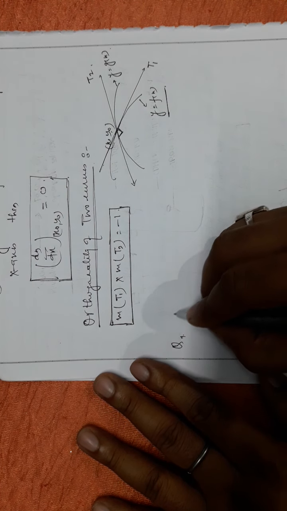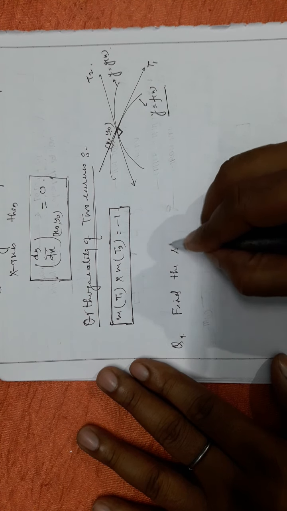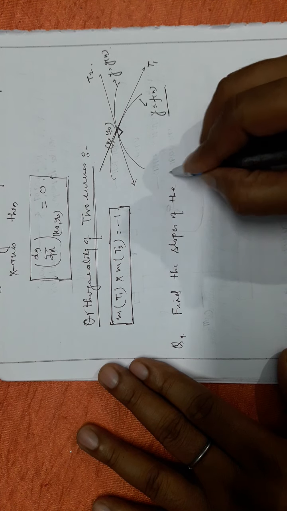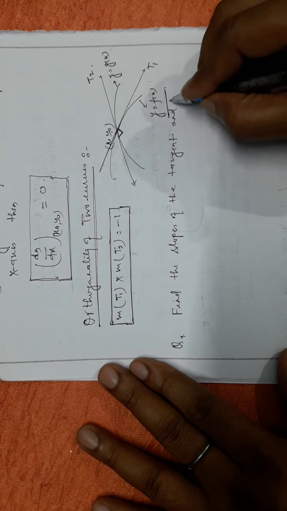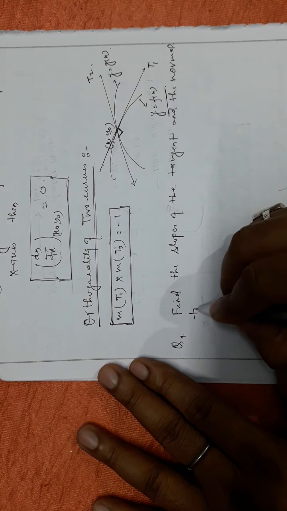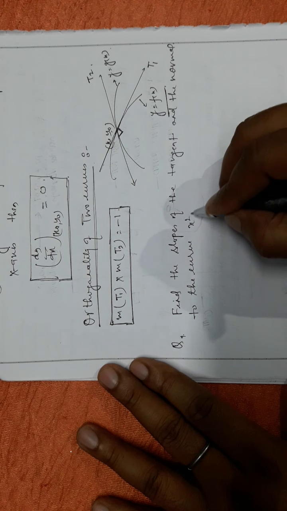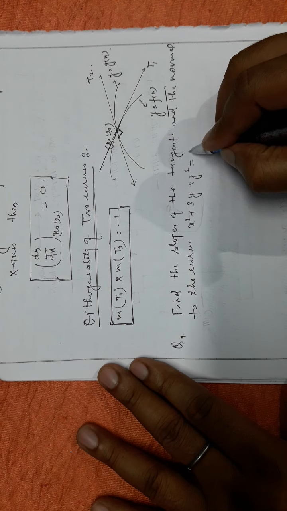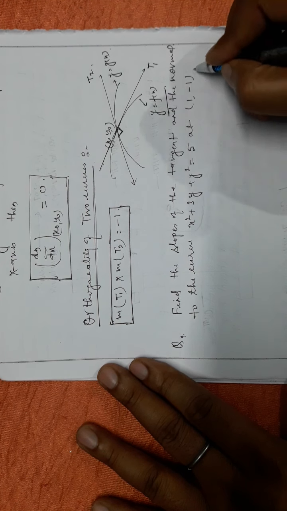The first question is: find the slopes of the tangent and the normal to the curve x square plus 3y plus y square equals 5 at point (1, -1).